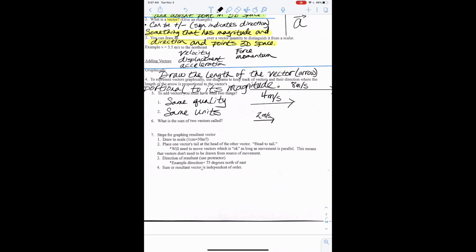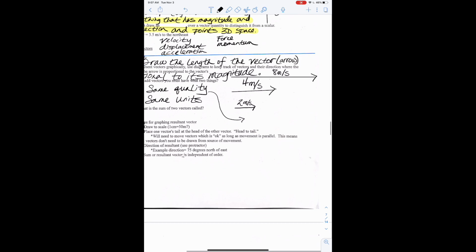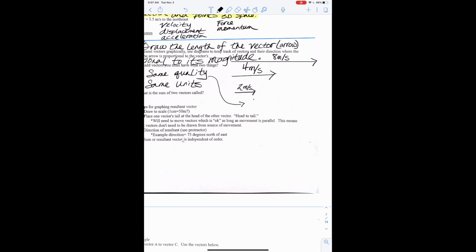So by quality, we're saying that you can't add, say, velocity to acceleration. And furthermore, for units, they have to match.